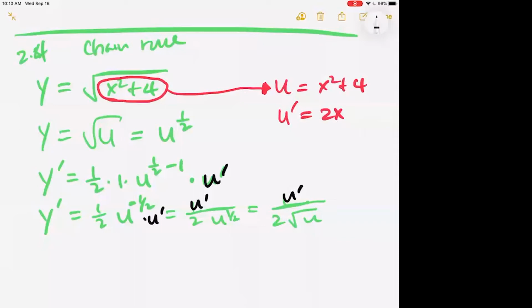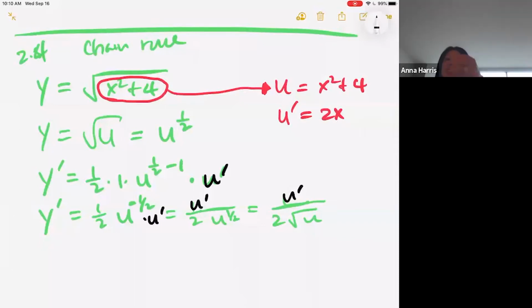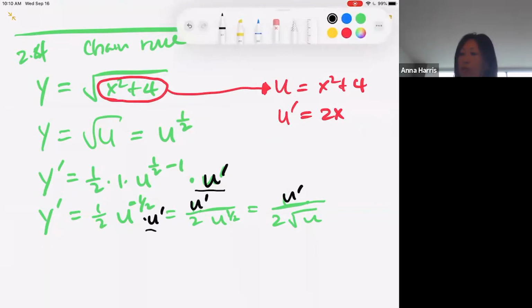Whenever you do u substitution, when you take a derivative of that, since it's a composite function, you will take a derivative like a regular power rule, but you multiply with the u prime. At the last moment, I'm going to replace u with the regular function.